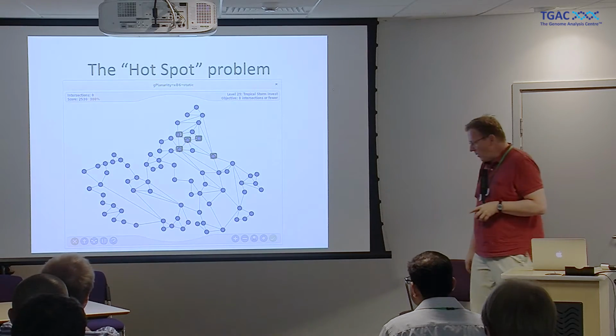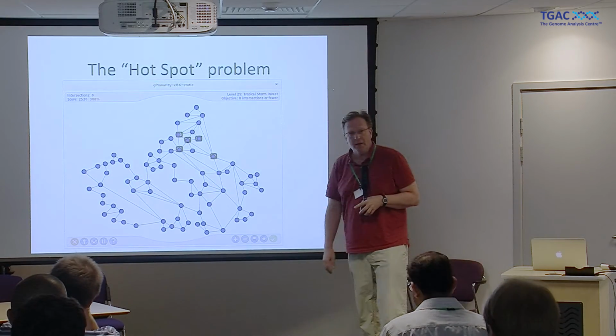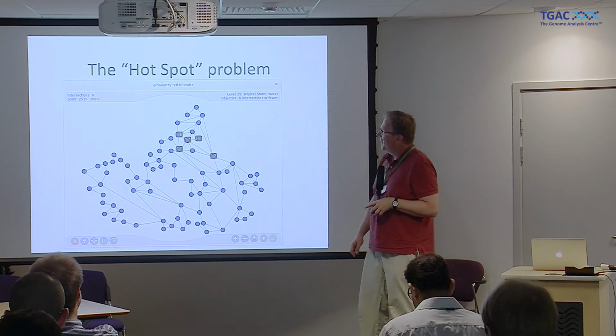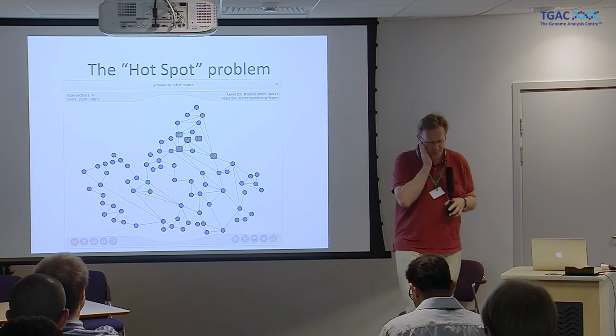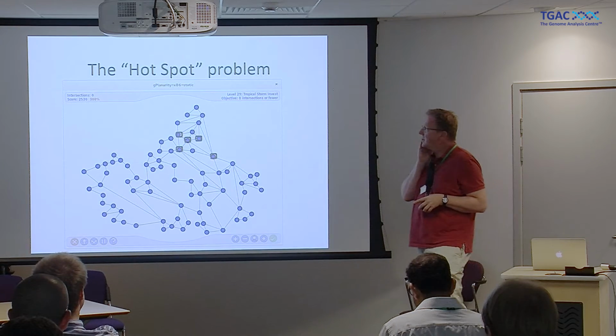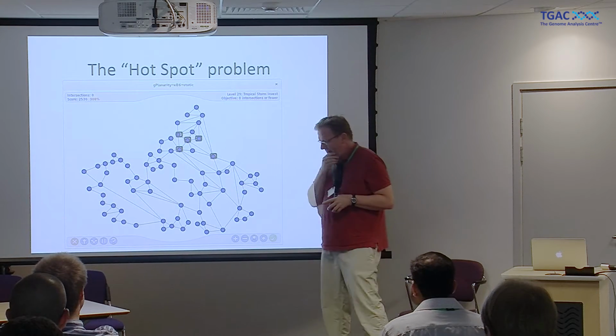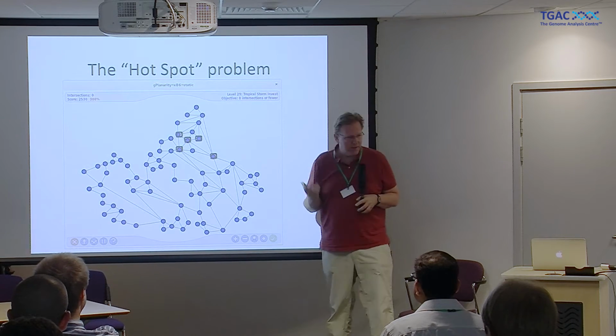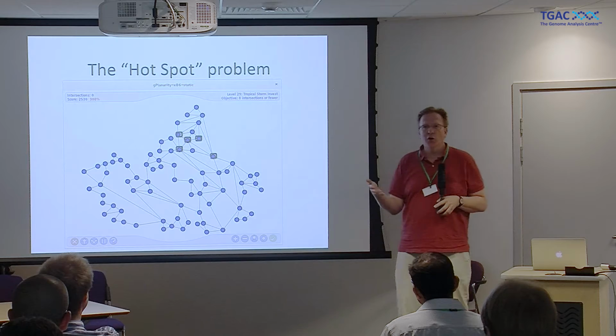Another problem that I would like to spend a little bit more time on is the hotspot problem. I'm calling it that because it's really a question that we get from biologists: where is something going on in this network?